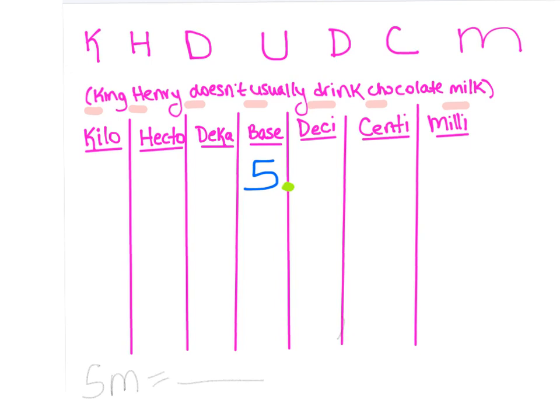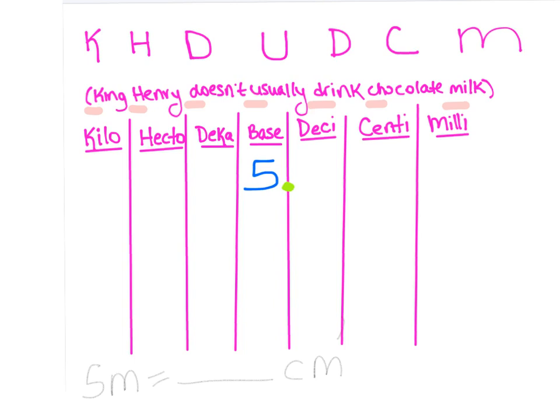And if I want to know how many centimeters is 5 meters, I don't really like the way that pencil looks, so we're going to try and play around with that together, I think. Let's see if I can do something a little different here. I don't know. We'll see how this works.